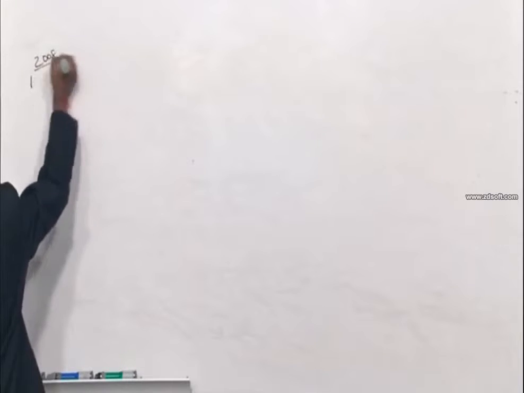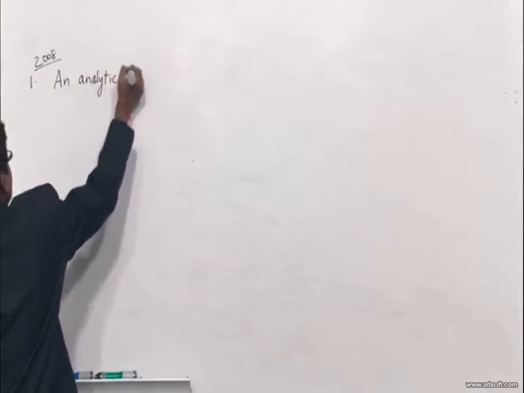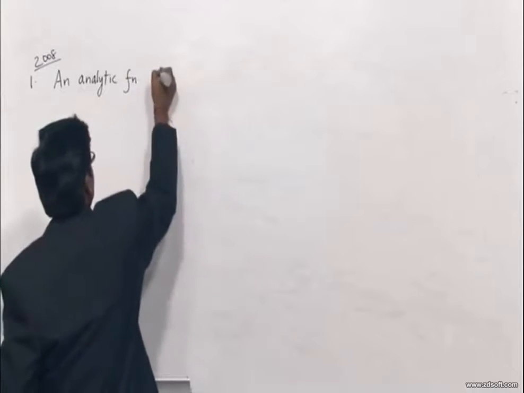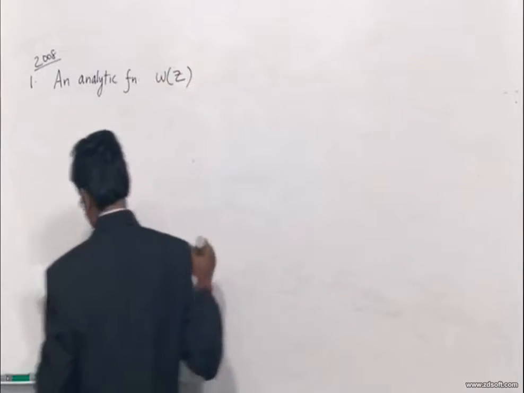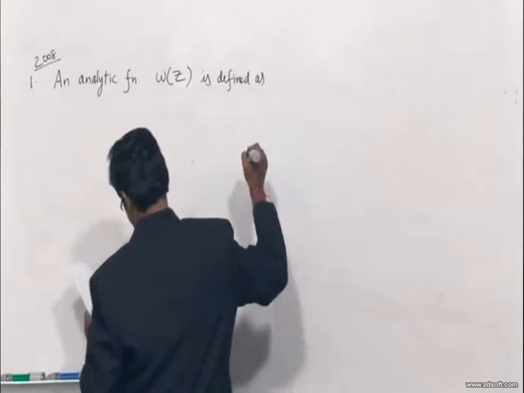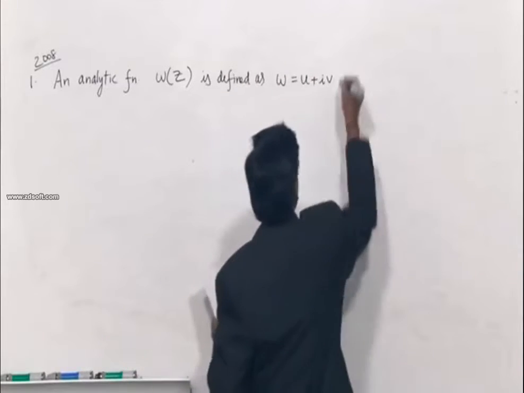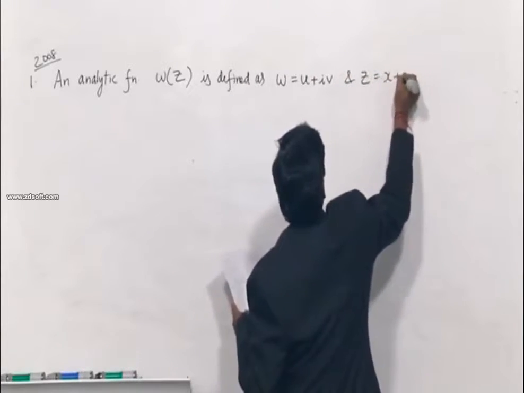One. This is given 2008, 2 marks. An analytic function w of z, that is, instead of f of z it is given w of z, is defined as w is equal to u plus iv, where i is equal to root minus 1, and z is equal to x plus iy.